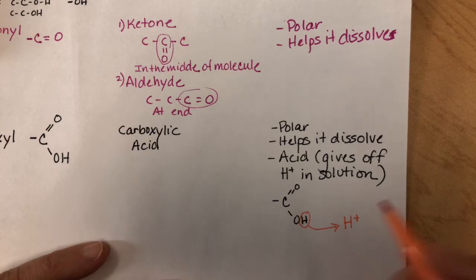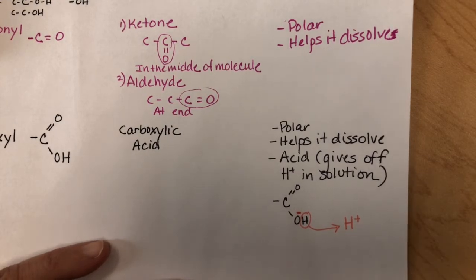Hydrogen has one proton and one electron. It leaves its one electron with this oxygen, so the oxygen has a slightly negative charge left over, and the H plus is given off. That's what an acid does.